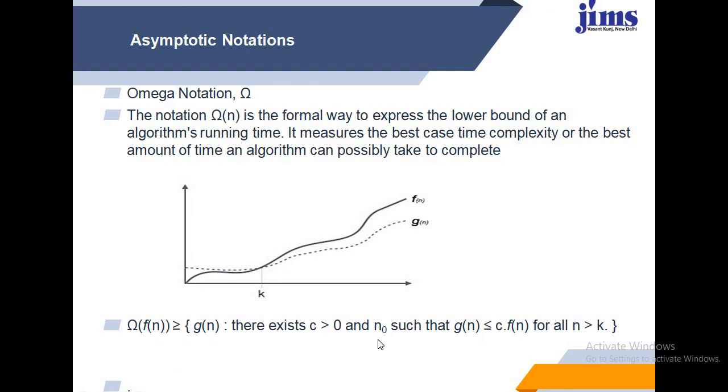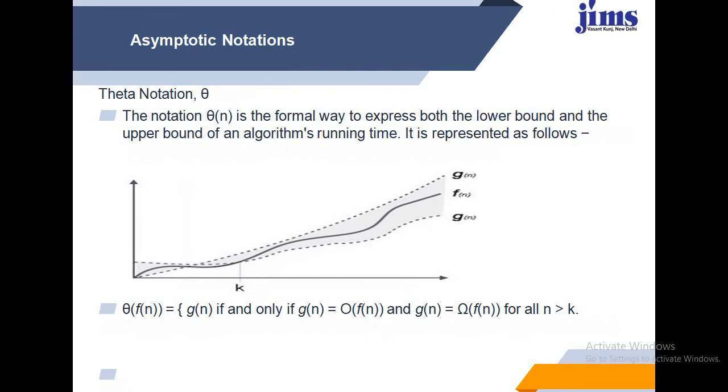So this is how you will represent. So omega notation of f of n, this will be always greater than or equal to g of n. Okay, so this is the omega notation, and the last notation is the theta notation.